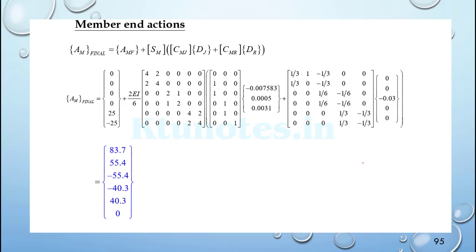And the member end actions are given by Am final is equal to Amf plus Sm into Cmj Dj plus Cmr Dr. On substitution, we get the value of Am final as 83.7, 55.4, minus 55.4, minus 40.33, 40.3 and 0.